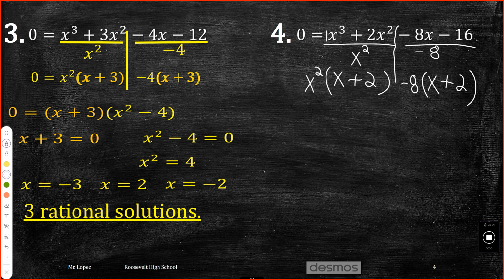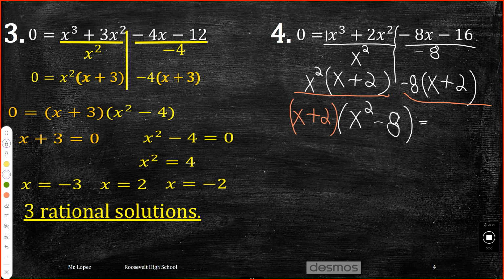And now, what do they have in common? And what stays inside? X squared minus 8. And we set it equal to 0.